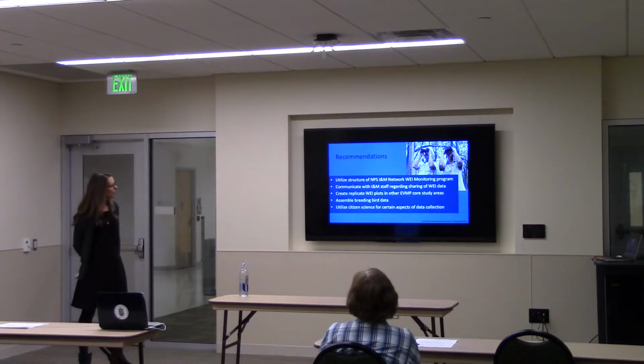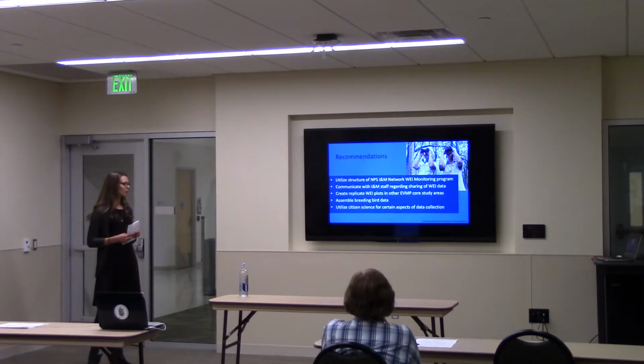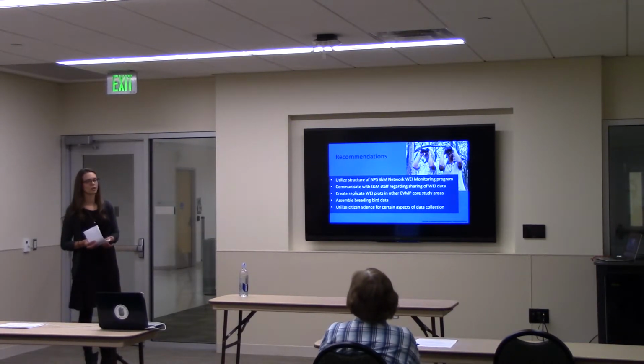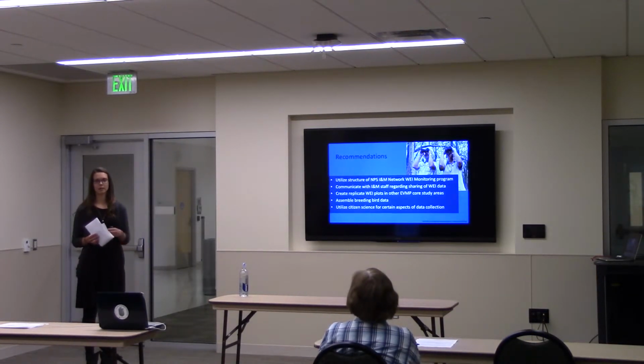So looking at breeding bird data could be a good way to bring another indicator in. There are already survey protocols happening in the park and around the park through Christmas bird counts, as well as summer solstice counts. So I think compiling that information in a useful way that's relevant to the park could be a good way to maximize resources.